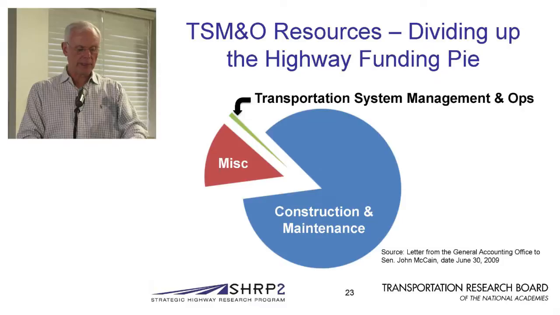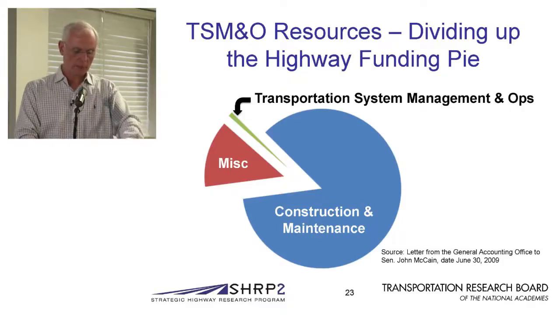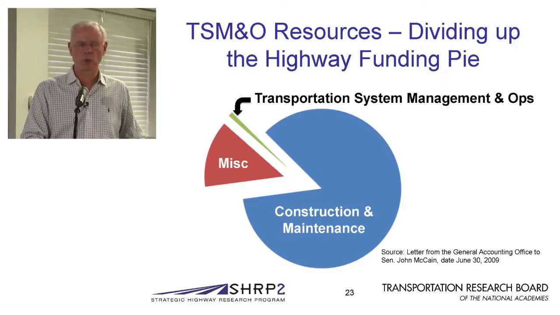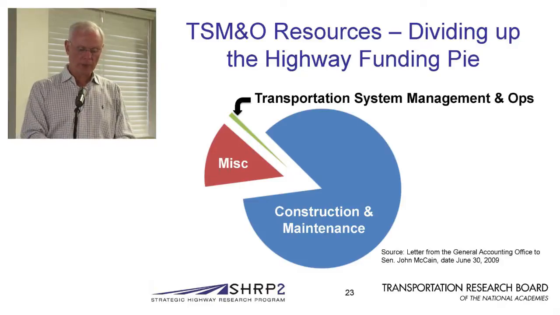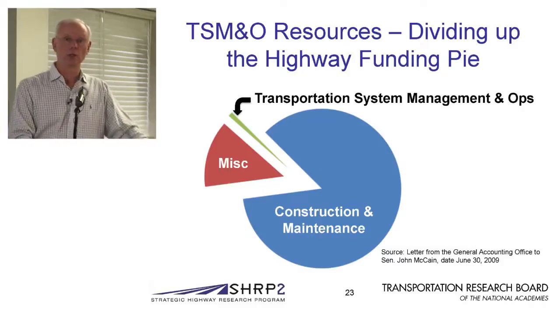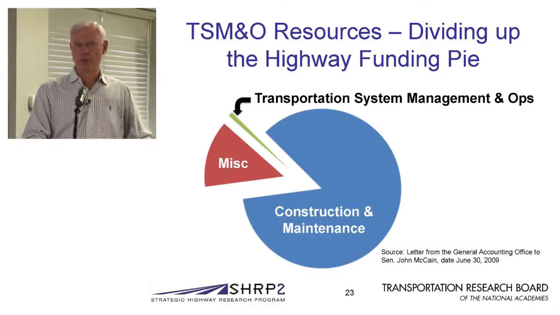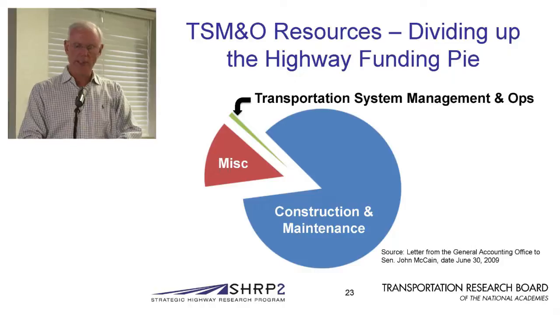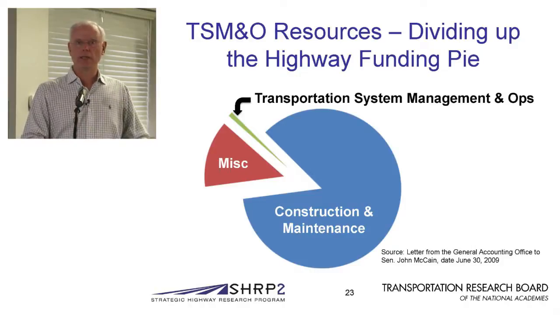But the numbers that have been reported by people, including the U.S. Senate, who have asked these types of questions, is that the share of resources devoted to TSM&O has typically been in the low single digits, so somewhere upwards of 2% to 5%, something in that kind of range. And the conversation becomes very difficult, as you all know, in a time of constrained resources.